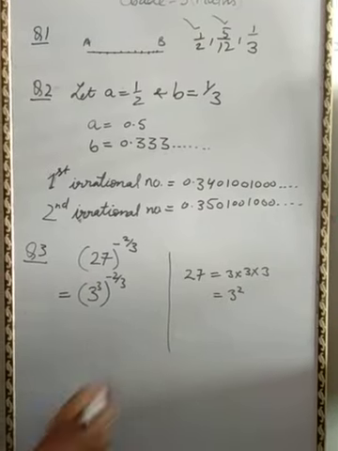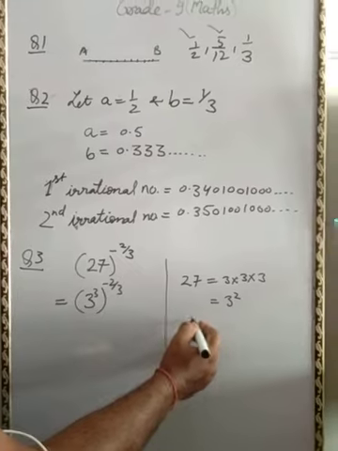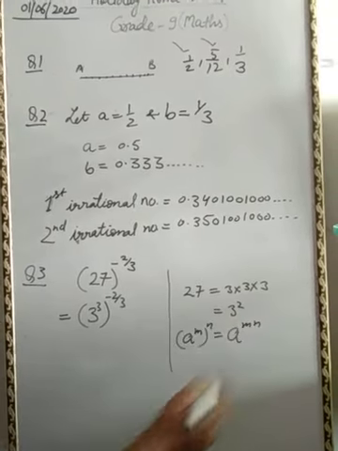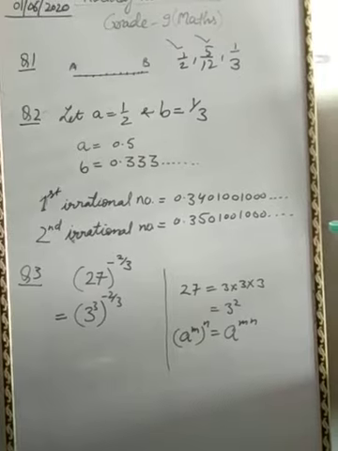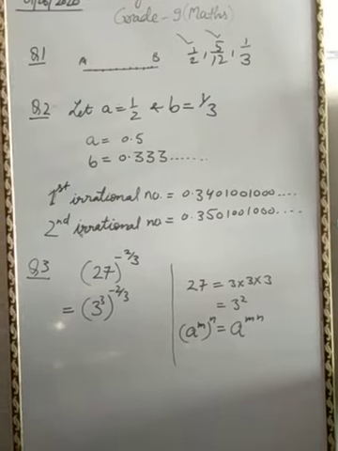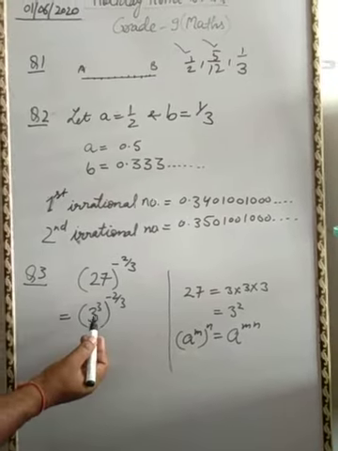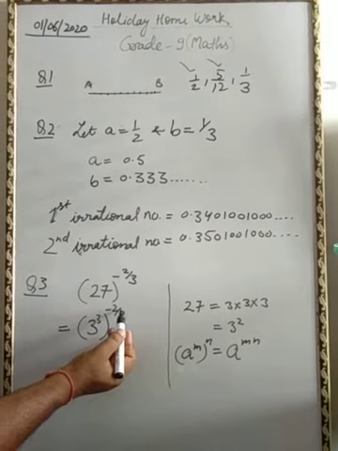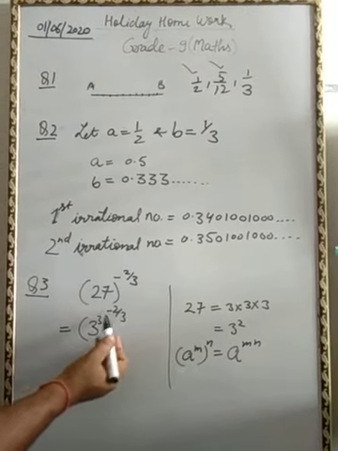As you know, a to the power m, whole to the power n, equals a to the power mn, right? So we will consider this is a, this power is m and this power is n. So we will multiply the powers.